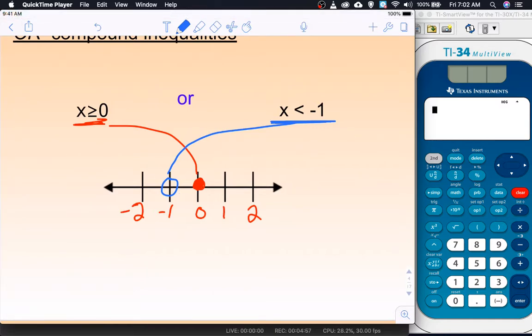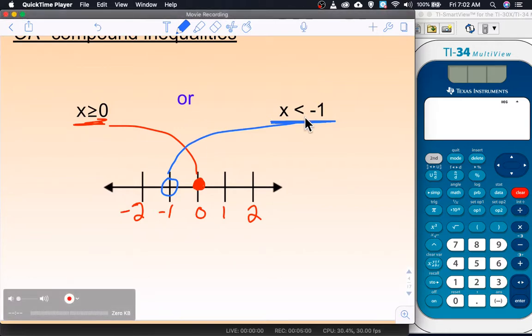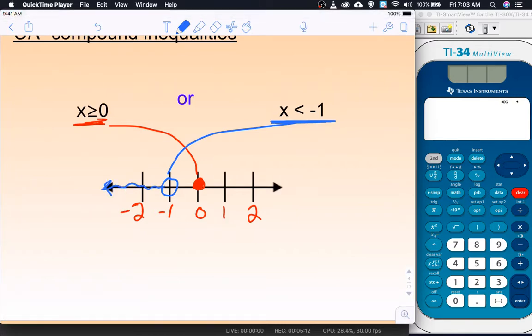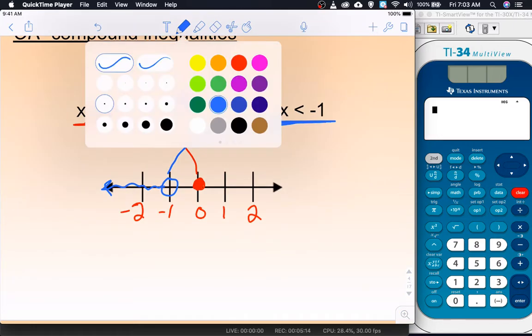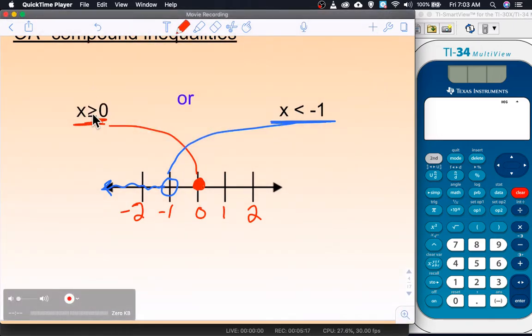Now this from here, since I have my blue out still, I'm going to do this one. So x is less than -1. So from -1, if I shade less than, that is to the left. And x is greater than 0. From 0, I'm going to shade greater than.